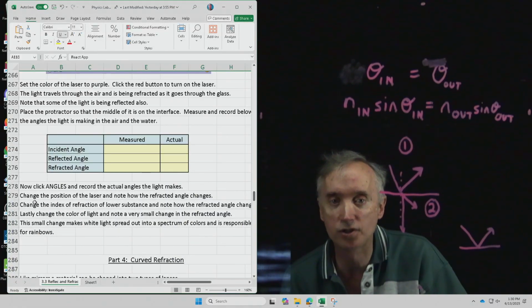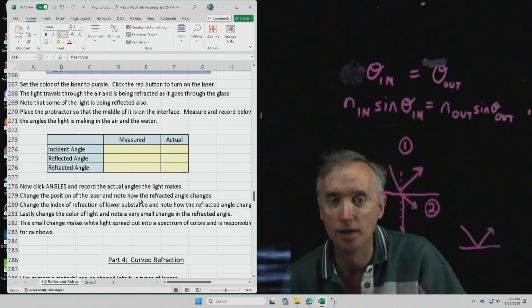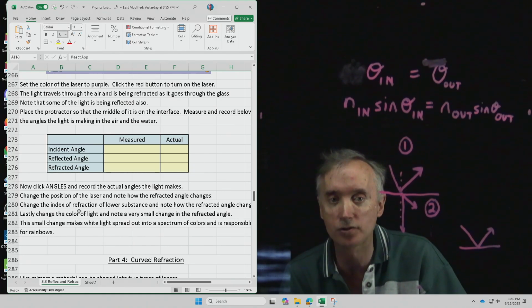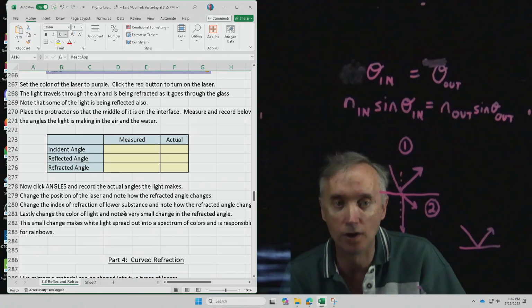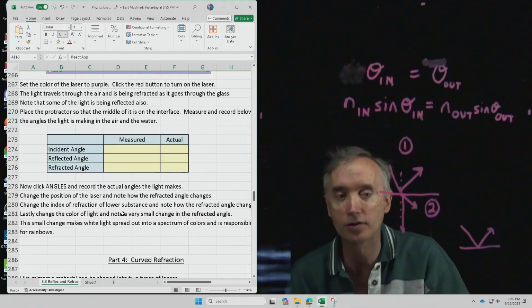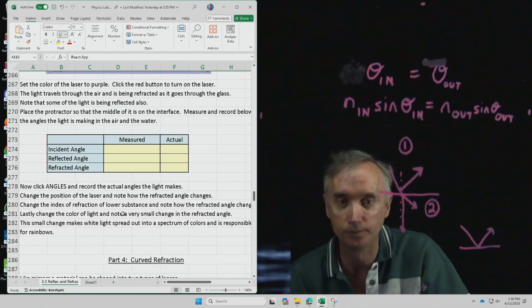So the question is, change the position of the laser and note how the refracted angle changes. Another thing I'd like for you to do is change the index of refraction of the lower substance and note how the angle changes. So in other words, refraction depends on the material that the light is going through.